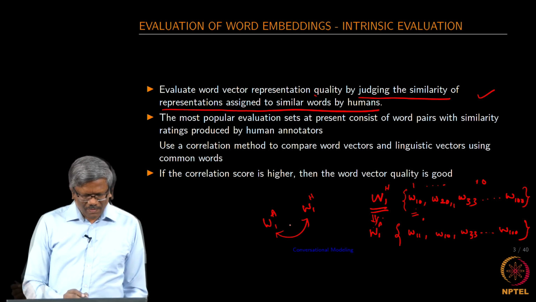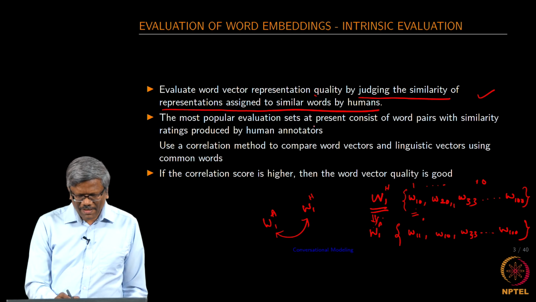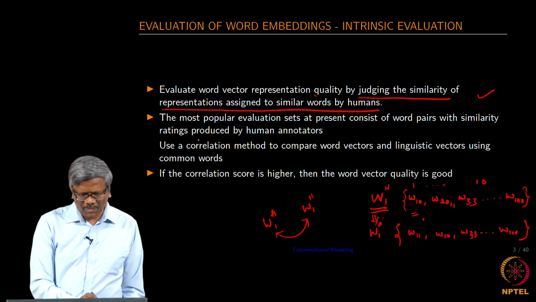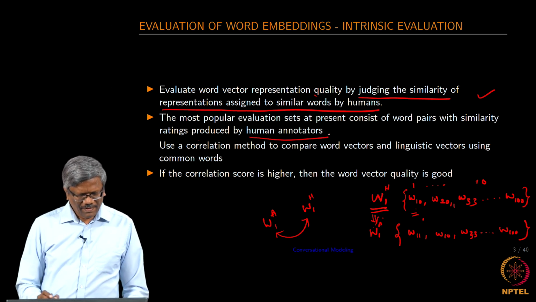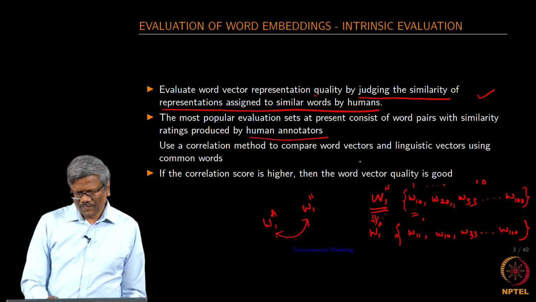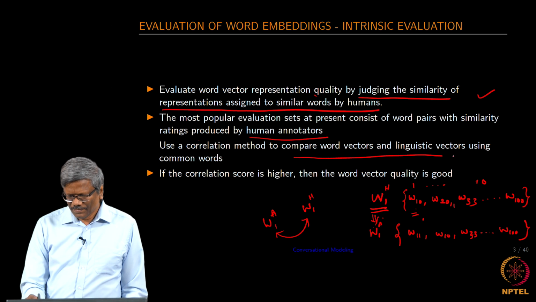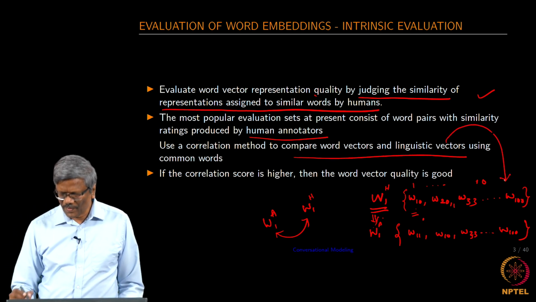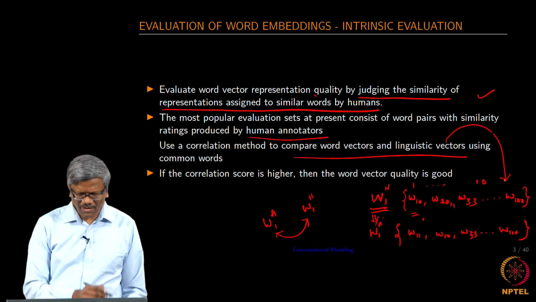Okay. The most popular evaluation sets at present consist of word pairs with similarity ratings produced by human annotators. Use a correlation method to compare word vectors and linguistic vectors. The linguistic vectors are the ones which are created by the humans using common words.